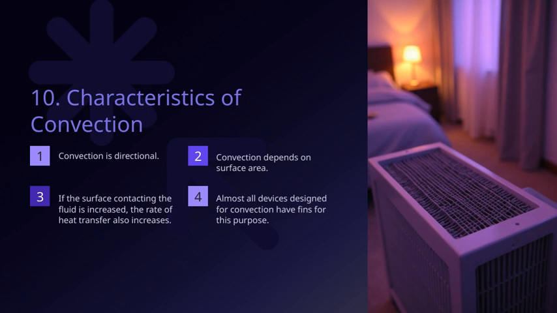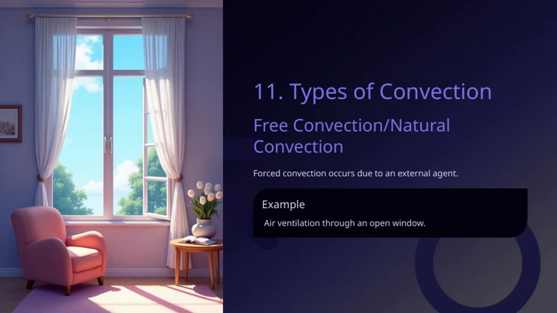Additionally, convection is inherently directional, which means heat transfer occurs predominantly in a specific direction, often from hot to cold. Understanding these characteristics helps us design better cooling or heating systems by optimizing surface area and directionality to improve overall heat transfer efficiency.